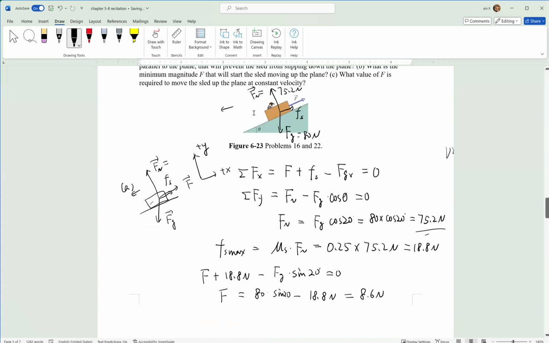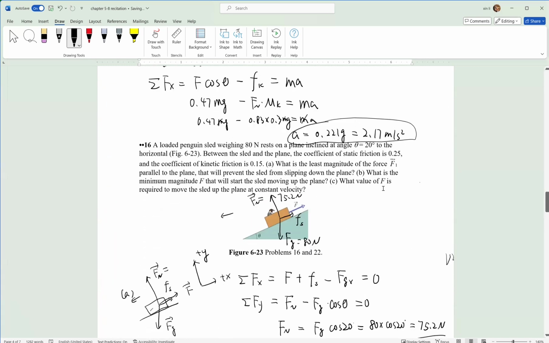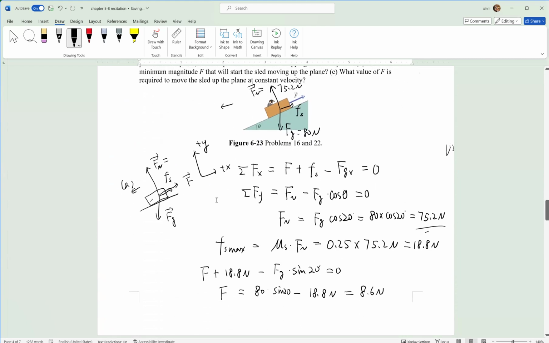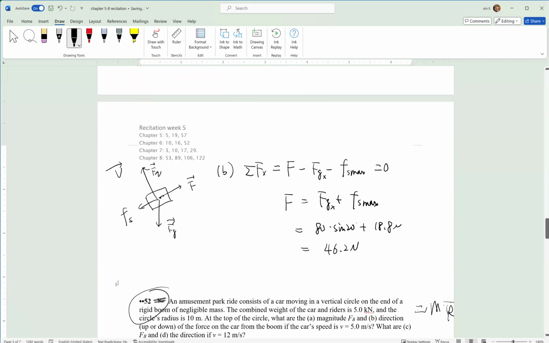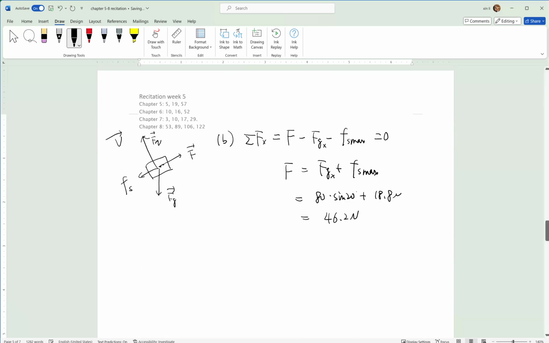And then part C: what value of F is required to move the sled up at constant velocity. So if it's moving, then Fk exists instead of Fs.